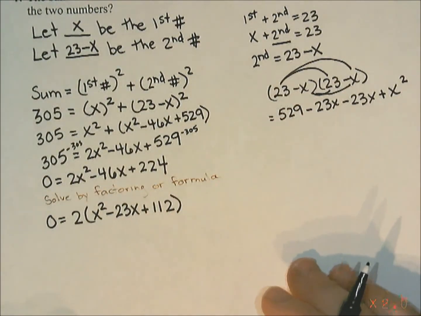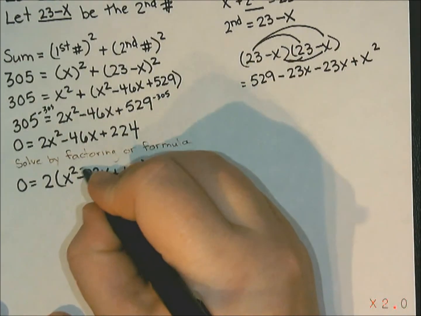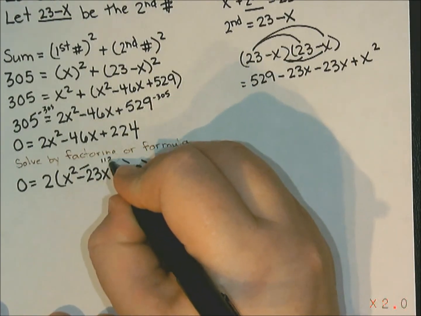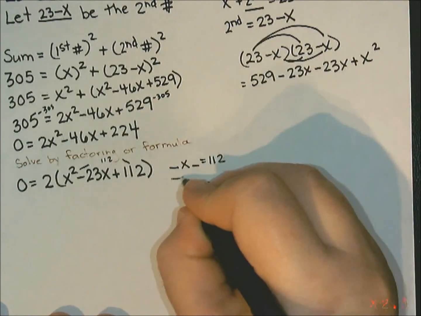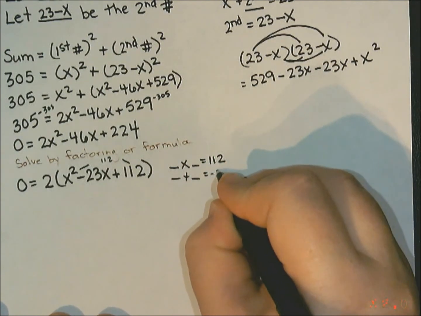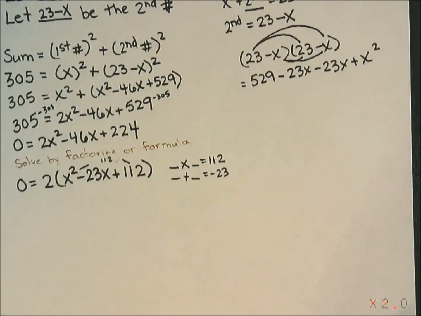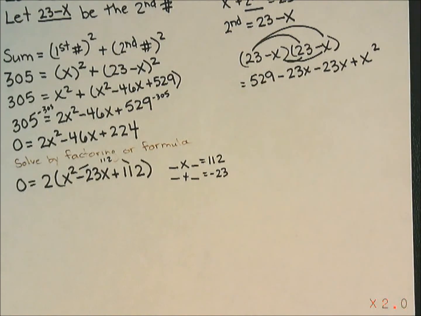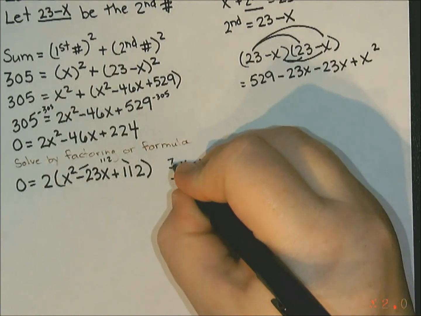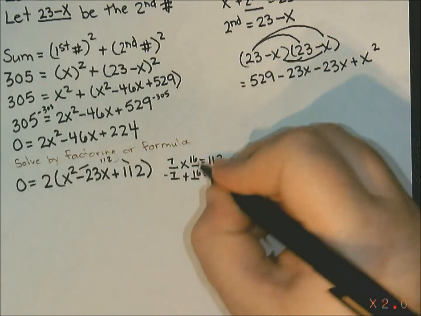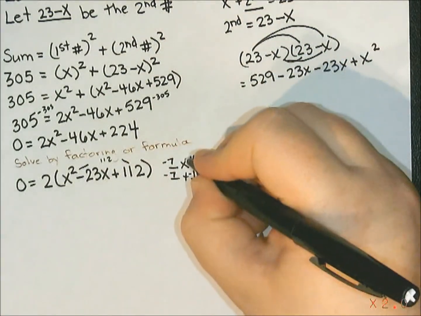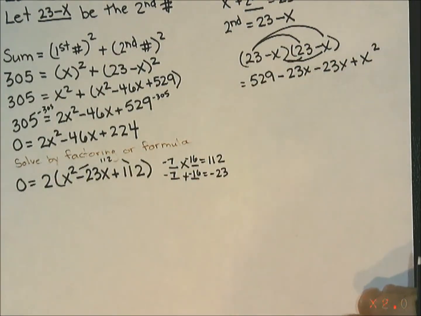And then we're going to look for two numbers that multiply to 112 and add to negative 23. Well, let's see what I can come up with. 7 times 16 would equal 112. And in order to get that negative 23, they'd need to be a negative 7 and a negative 16, which would still multiply to positive 112.